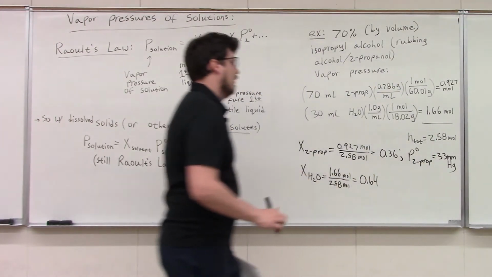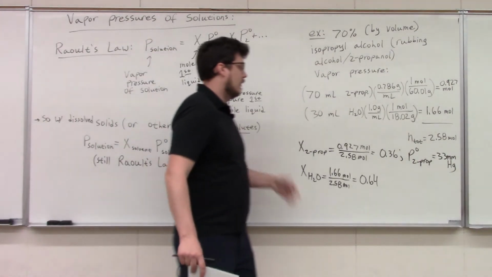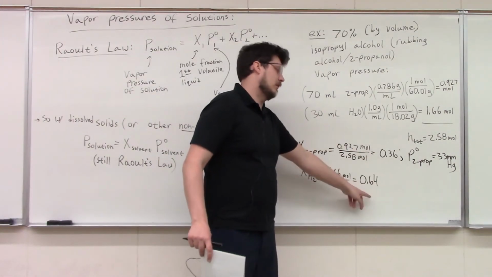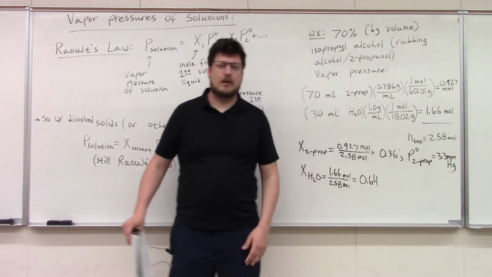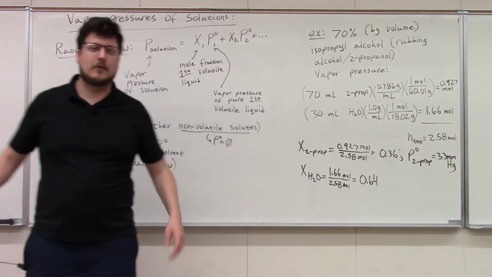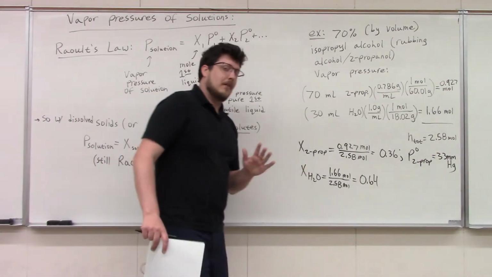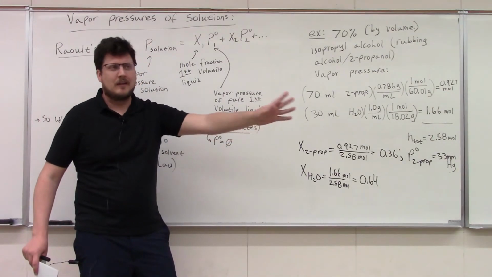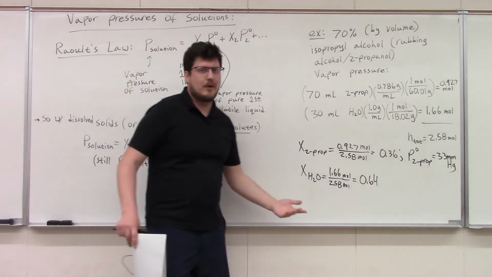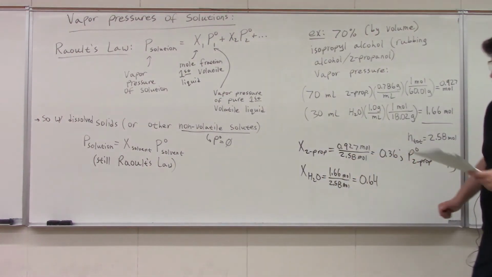Now, one thing I'm going to point out right now, I'm dealing with two things. These mole fractions should add to 1, so I could have gotten lazy and just subtracted this from 1 and gotten the same number, but it's always good to work through in case you made an error up here. If you add them up and you get like 5,000, you go, wait a minute, I messed up on the mole calculations. Because they should add to 1, or with rounding errors, a little bit of wiggle room there. Maybe it's like 0.99. It happens to everybody.